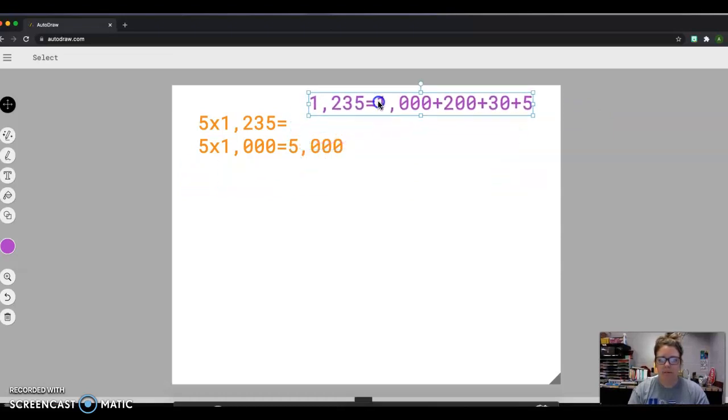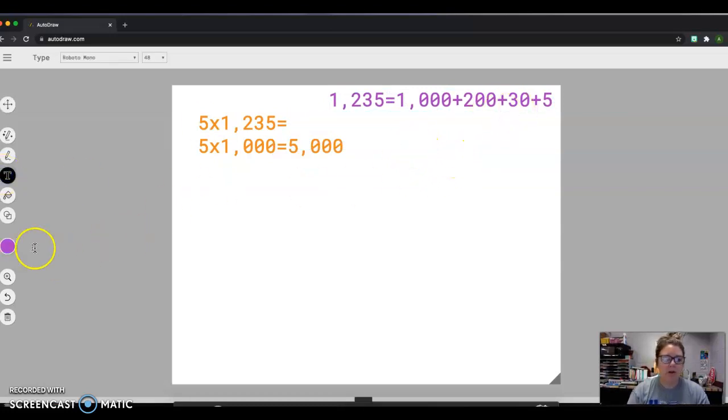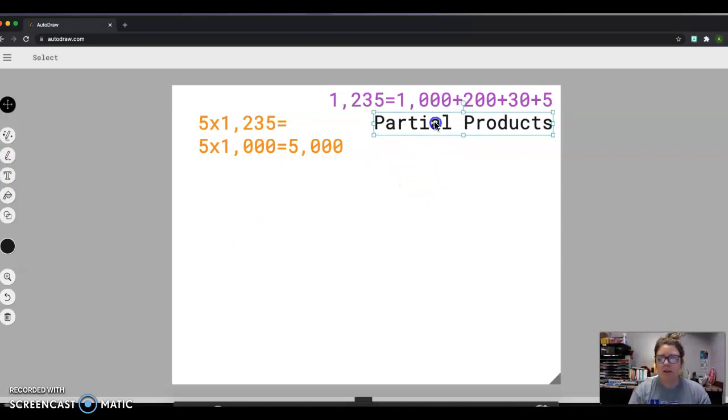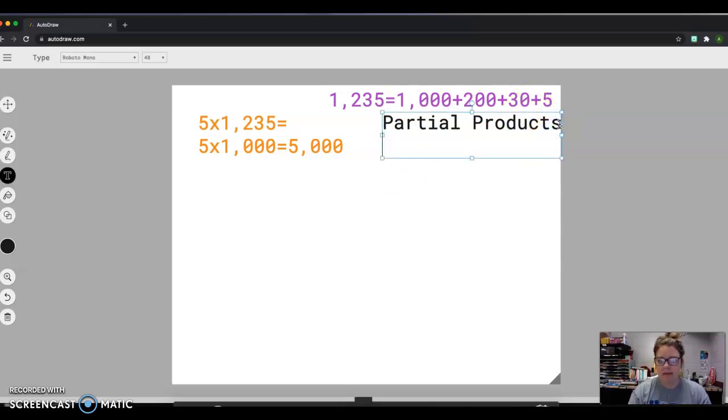All right, so now what we need to do is we're going to use partial products to solve the problem. We're going to take each of these numbers that we separated out, and we will multiply them by 5. So we'll have 1,000 times 5, which we know equals 5,000.